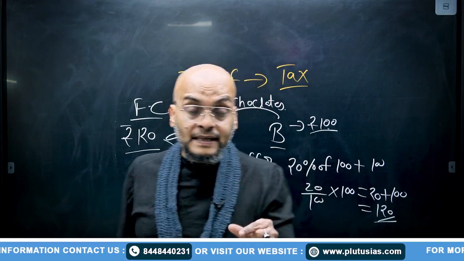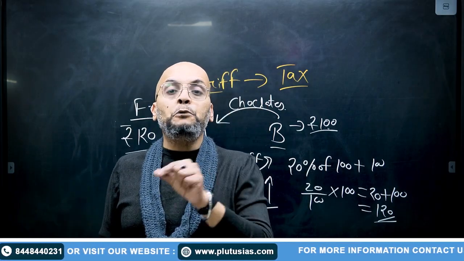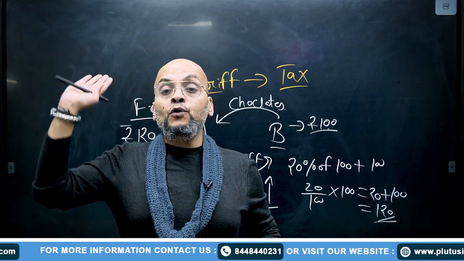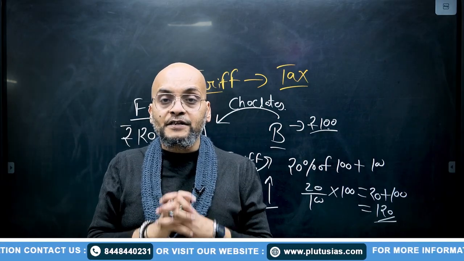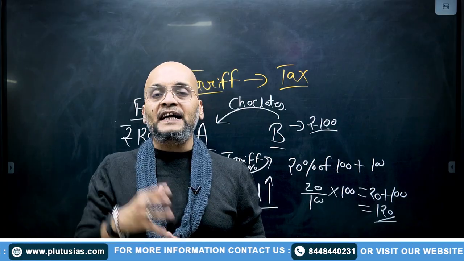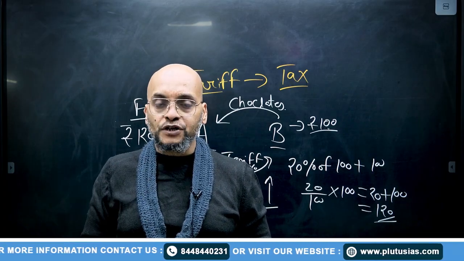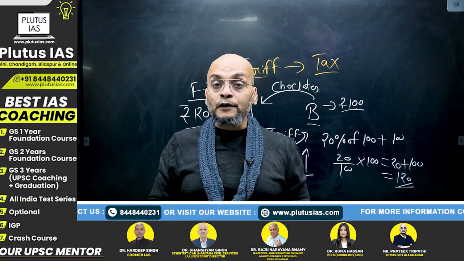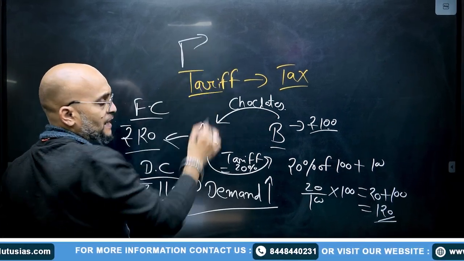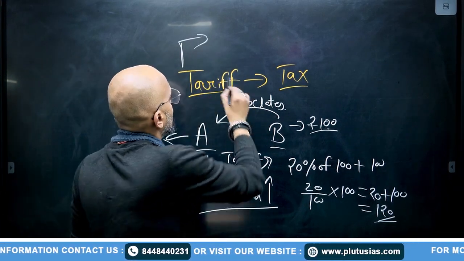So, due to this reason, countries impose tariff. They try to promote their own industries, their domestic industries, by trying to reduce the import. The objective of tariff is to reduce import and promote the domestic industries. This is the objective of the entire policy of protectionism.